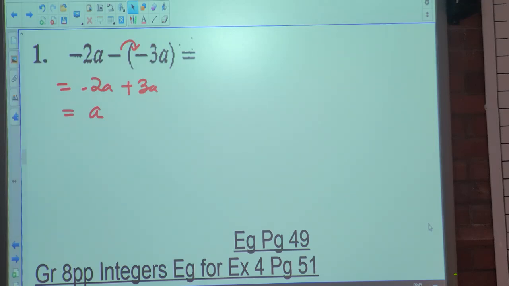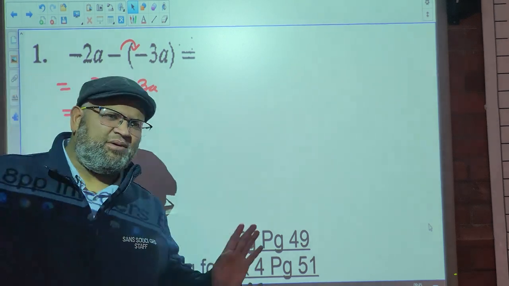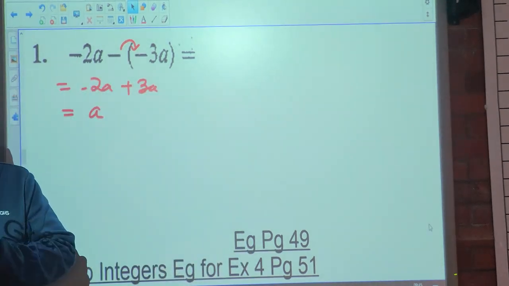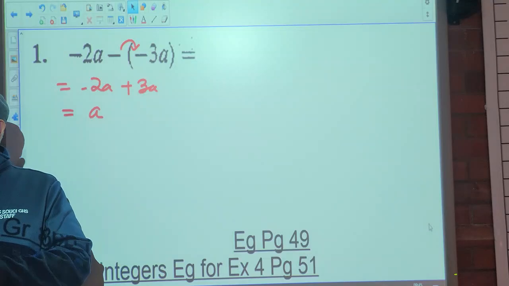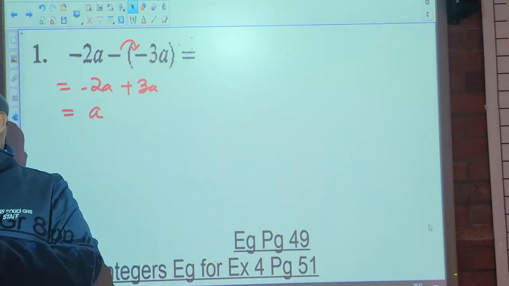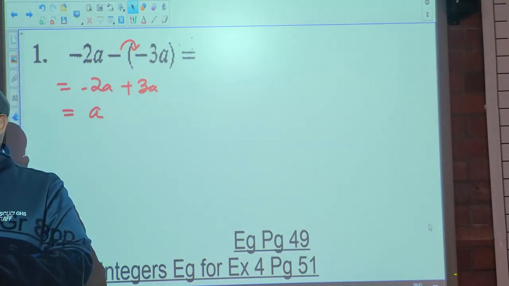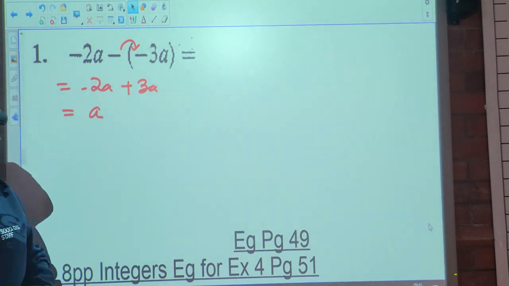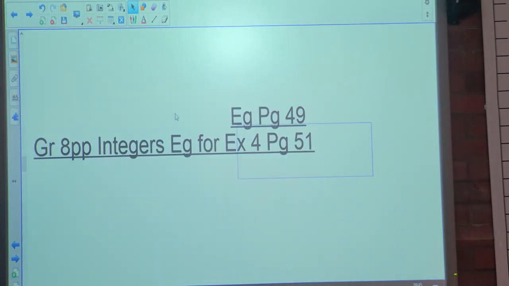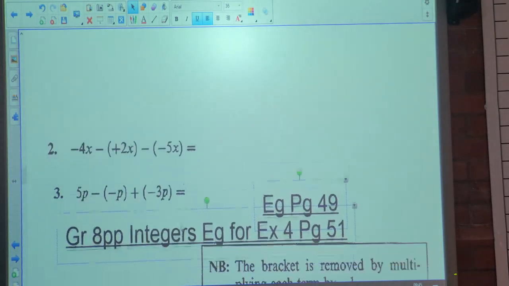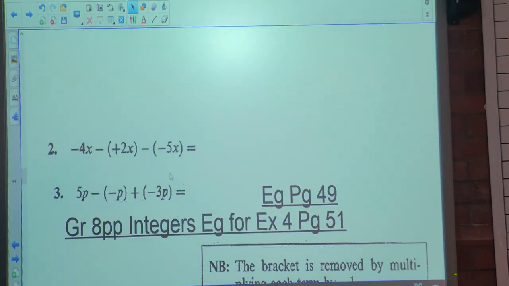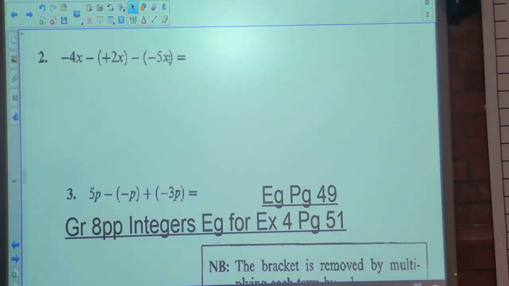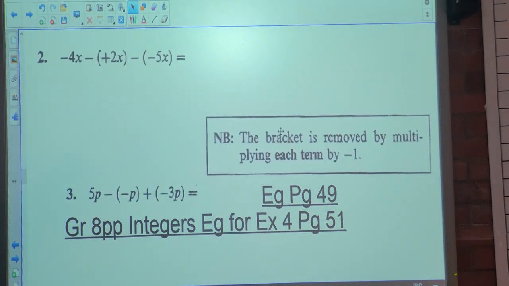Even if you come to another topic, you don't drop the rule. The rule is universal, it works throughout all of mathematics. Boolean algebra is different, so for those of you going to study engineering, you'll see it's a bit different.